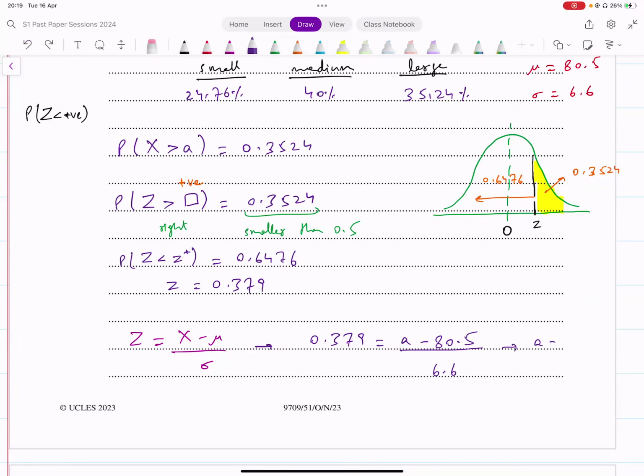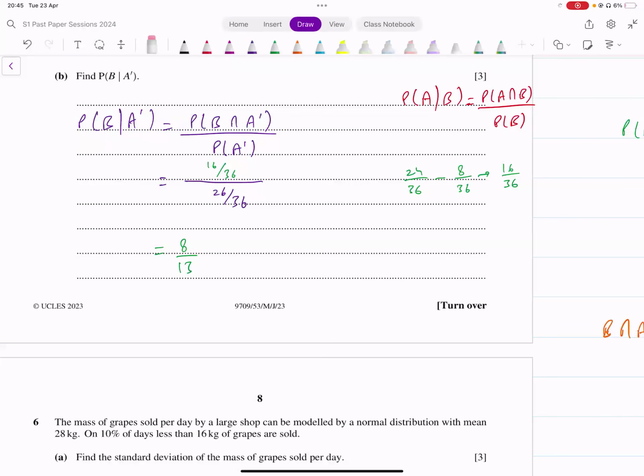What's the value of A that we get? 6.6 into 0.379 plus 80.5, and that's giving me 83.0014. That's just 83.0. That's the value of A that we were looking for. No problems? Okay, let's move on to the next one now.